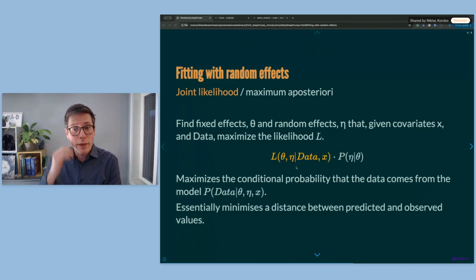One thing that you might think of would be to fit a joint likelihood or a joint maximum a posteriori, where you want to find the fixed effects. Here, I'm just calling them all theta, the set of all fixed effects theta, together with the random effects. Again, the set of all random effects is eta, given some covariates.